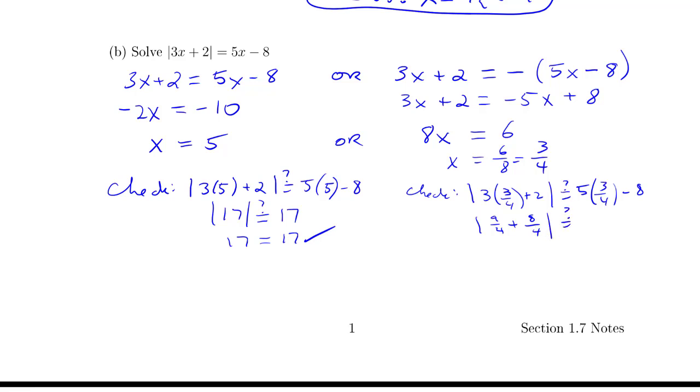And is that equal to 15/4 minus, now 8 in fourths is 32 over 4. So inside here I get 17/4, so that comes out as 17/4 out of the absolute value. Over here I get 15/4 minus 32/4, that's negative 17/4.